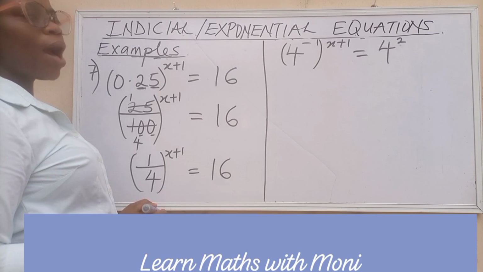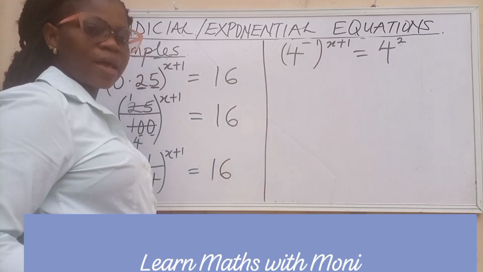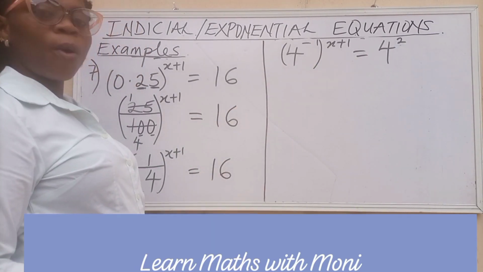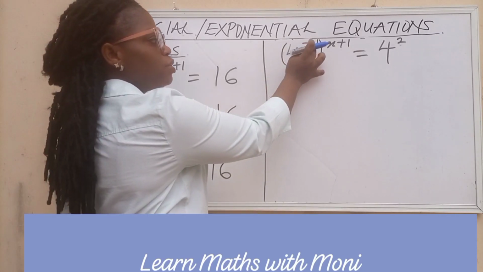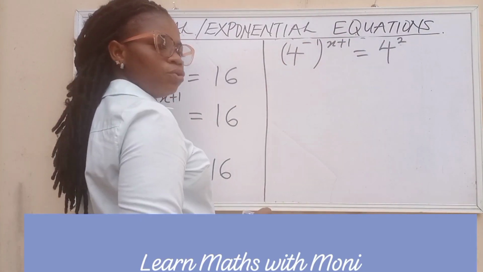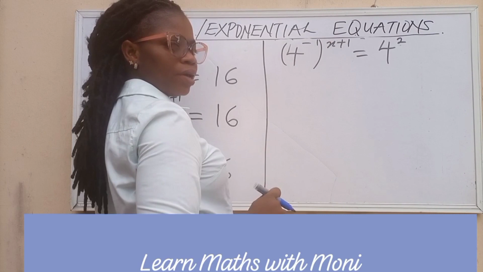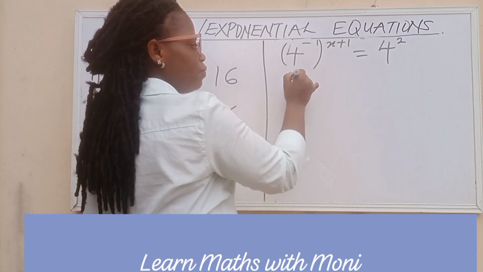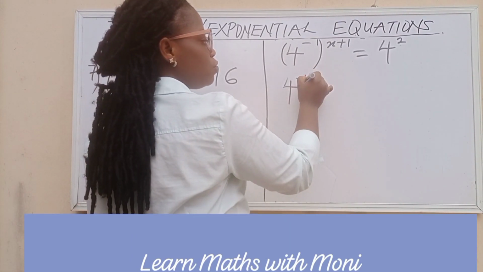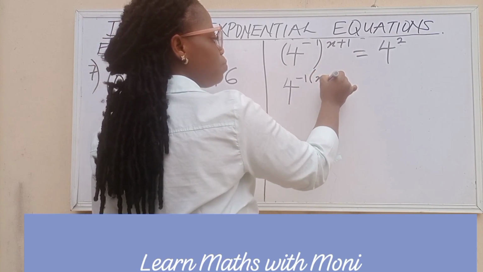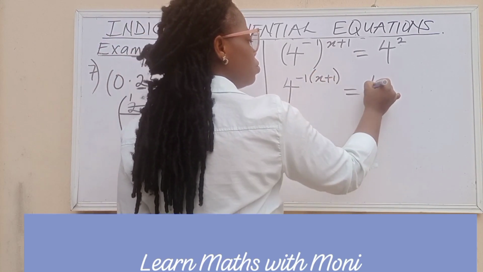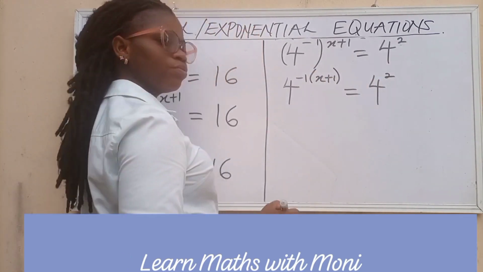Now we have power of power on our left hand side. Remember, power of power, when a power is raised to another power, you simply multiply the powers. That means I have 4 raised to power minus 1 times x plus 1 equals to 4 raised to power 2.